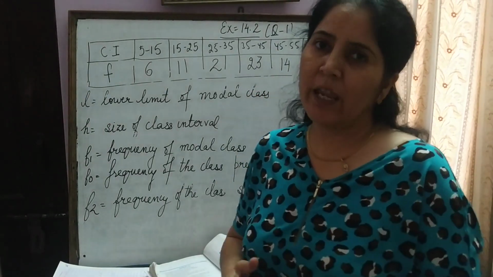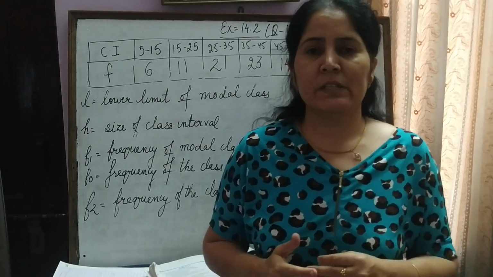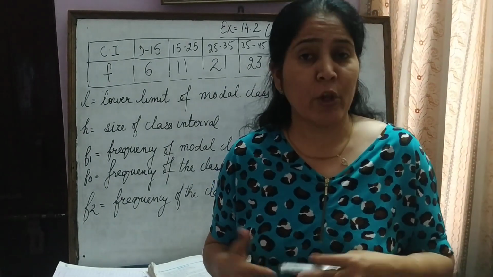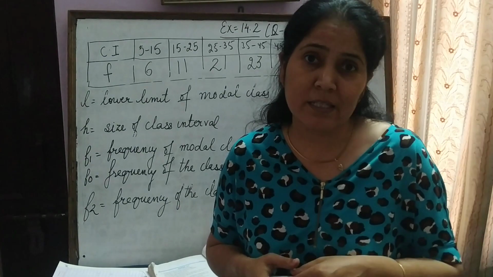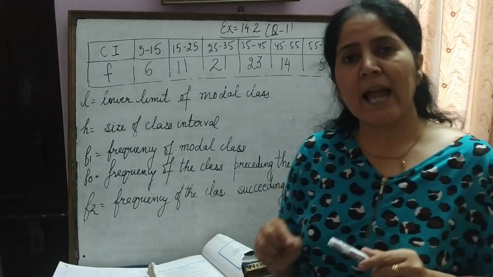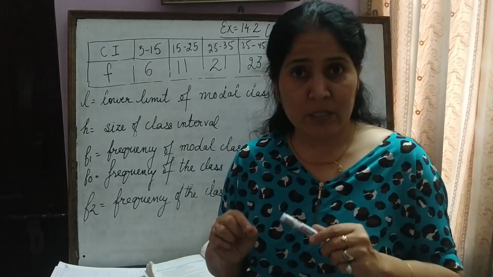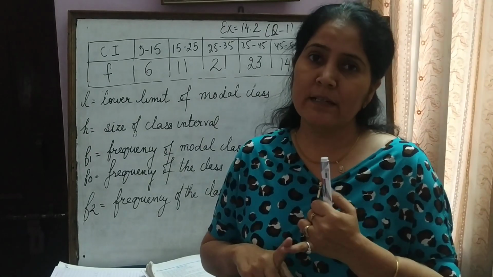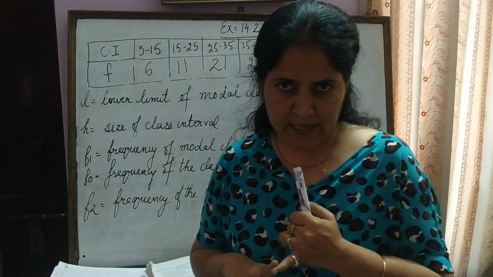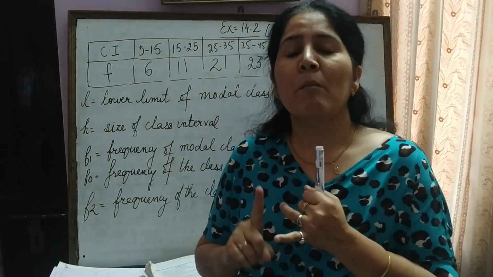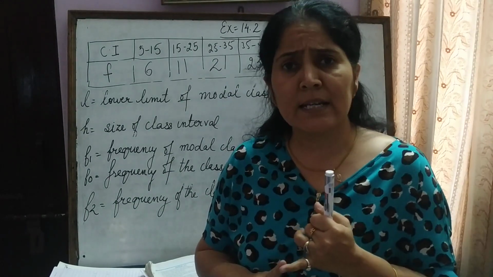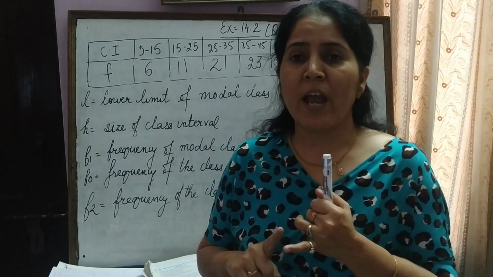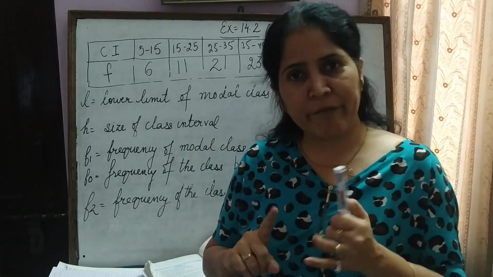So before starting our mode, let us first find out the modal class. Now you're going to ask, ma'am, what is modal class? Modal class is that class interval which has the maximum frequency. I am repeating it again. Modal class is that class interval which has the maximum frequency.